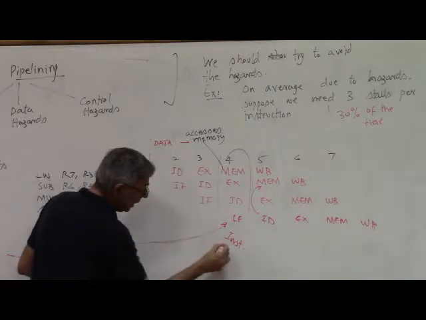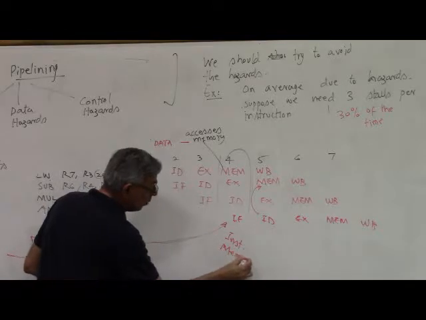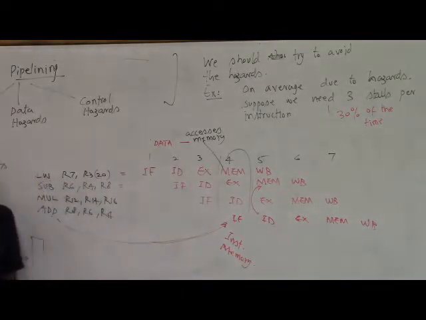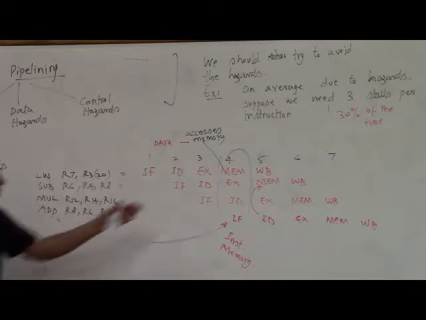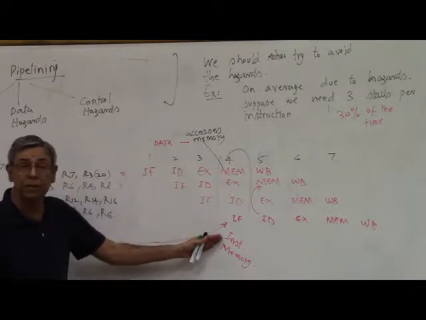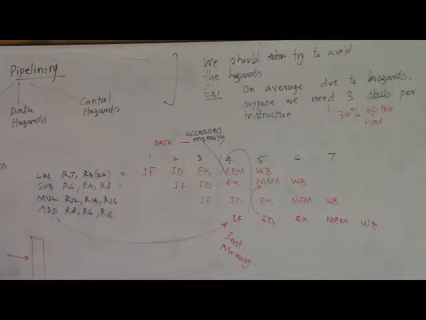So if they are physically two separate memories with their own address lines, data lines, read-write signals, then simultaneously reading, writing to this does not affect reading, writing to this, and both of them can go at the same time.